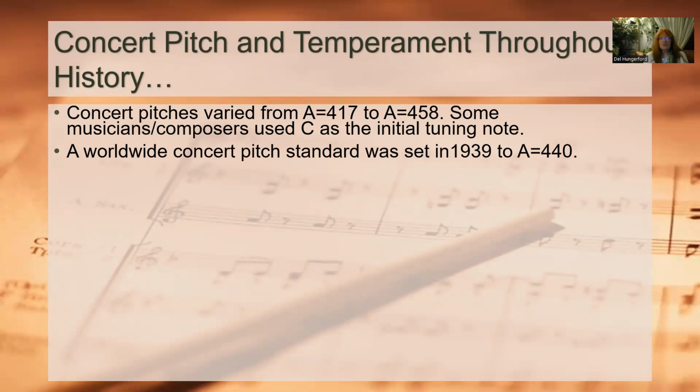A worldwide concert pitch standard was set in 1939 to A440. And I'm just going to say here, because there's a lot of questions, why didn't they choose 432? Well, remember, in the late 1930s was the beginning of sound amplification. Prior to that, if you wanted to be heard, you had to either play at a higher concert pitch, or you had to add more musicians to the ensemble.